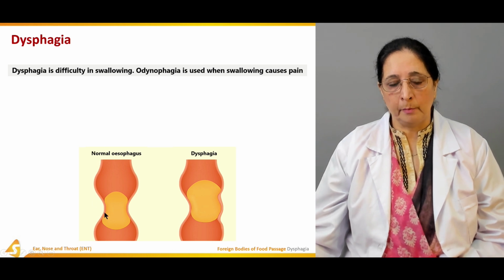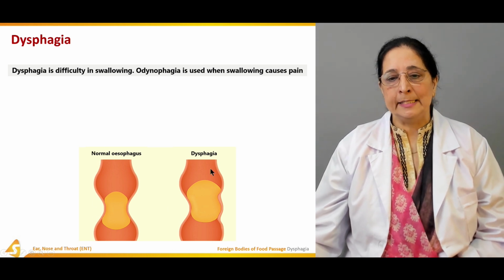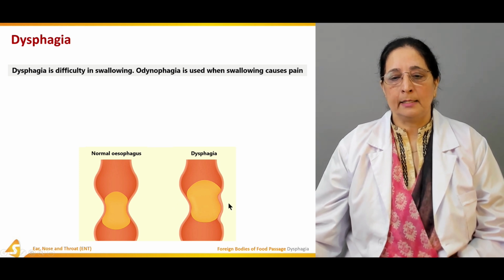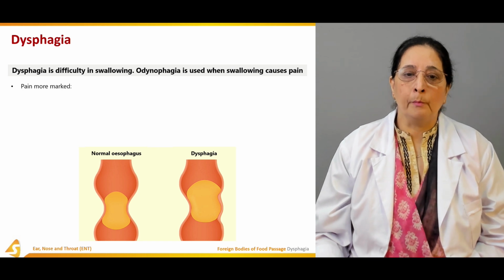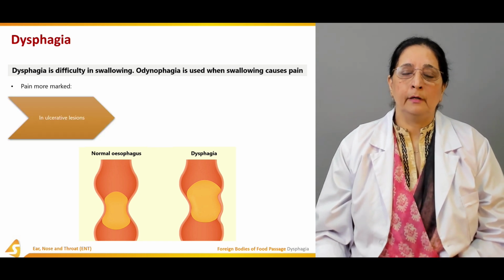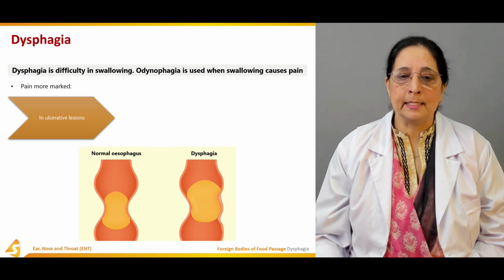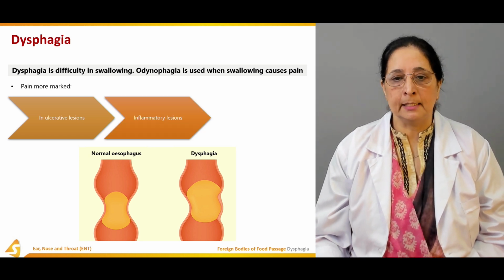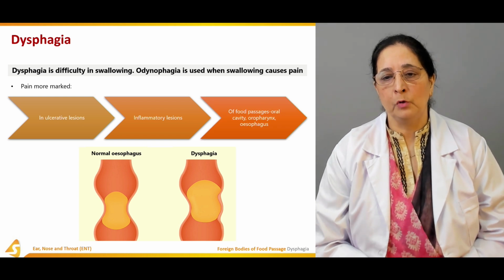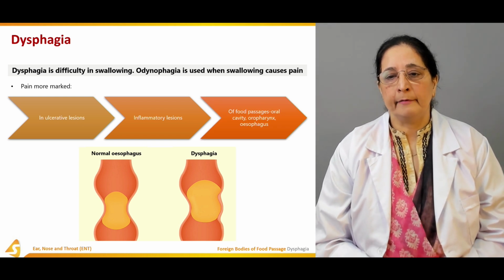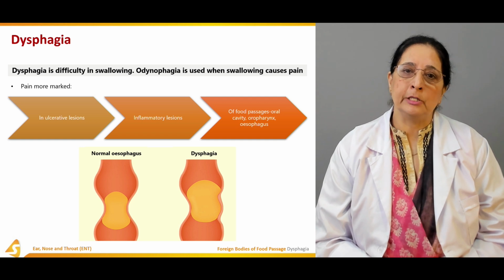Normal, this is the normal esophagus. That's the dysphagia or difficulty in swallowing. That's the appearance. Pain is more marked if there are associated ulcerative lesions present, if there are inflammatory lesions in the food passage, oral cavity, oropharynx, and esophagus.